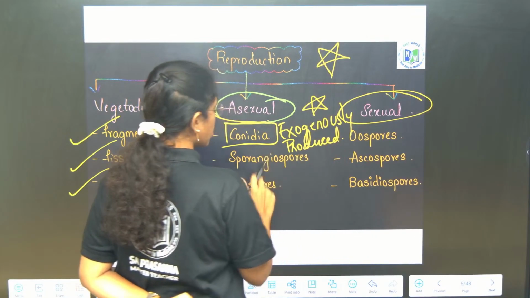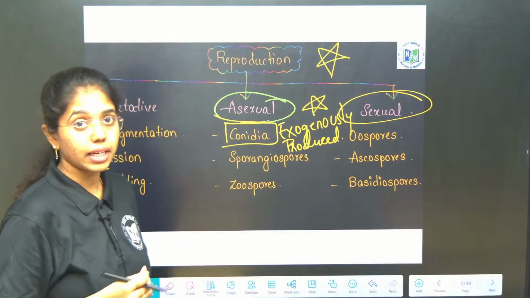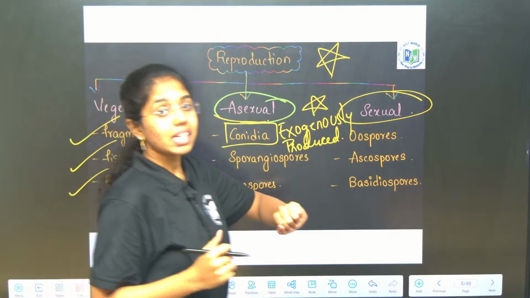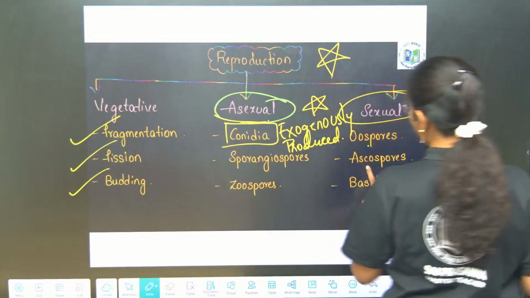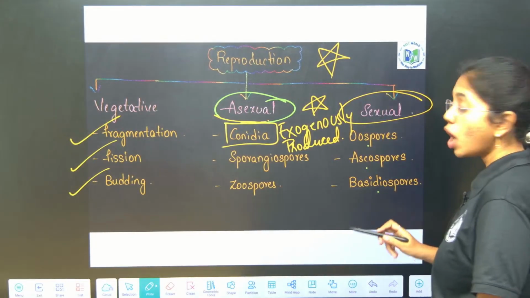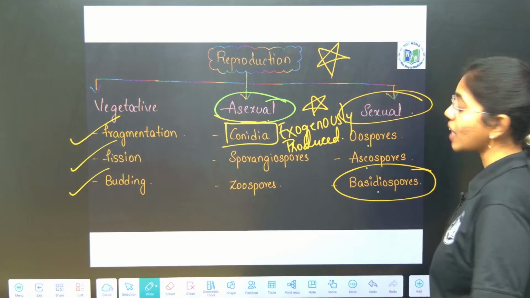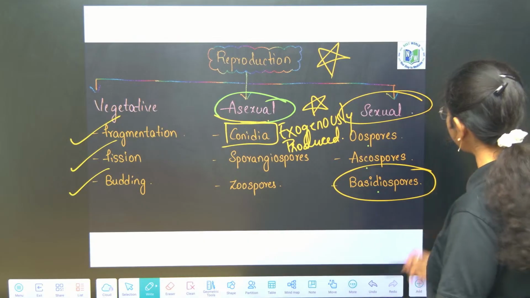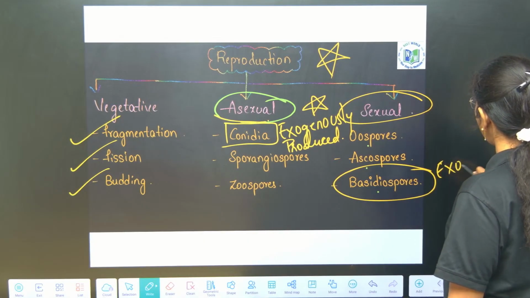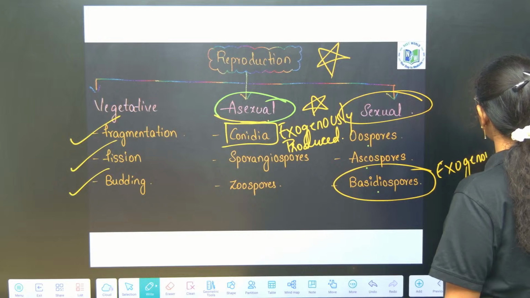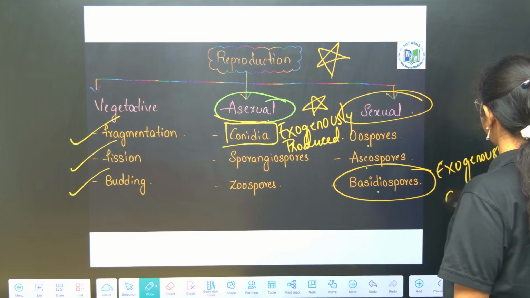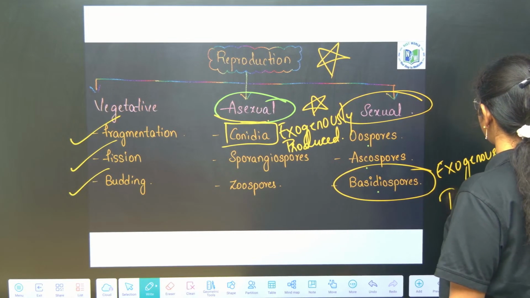Rest all the asexual spores are endogenously released. Next, sexual spores. Sexual spores include oospores, ascospores and basidiospores, of which basidiospores are exogenously released sexual spores.